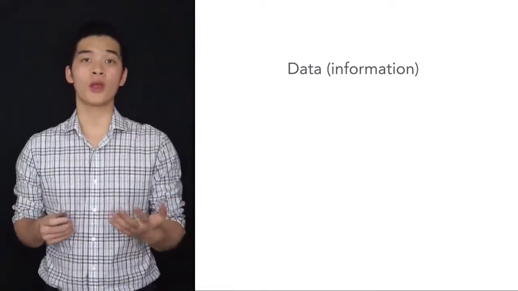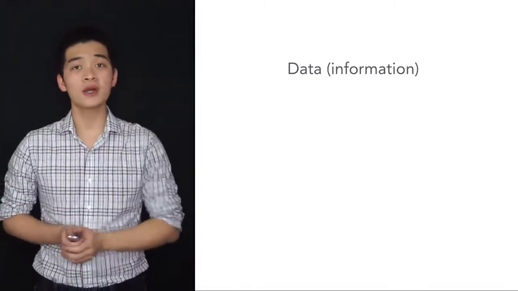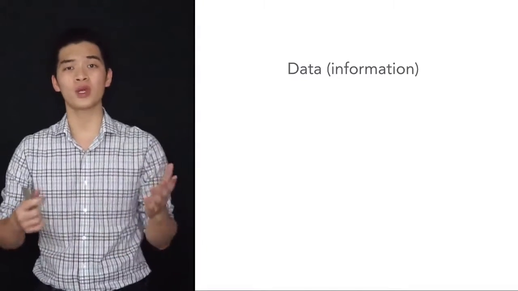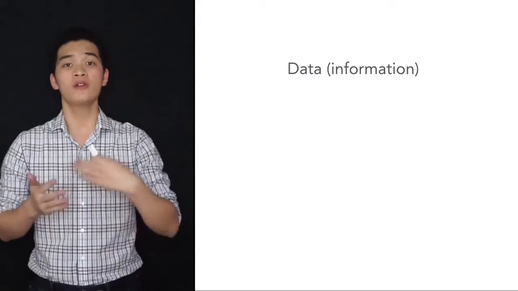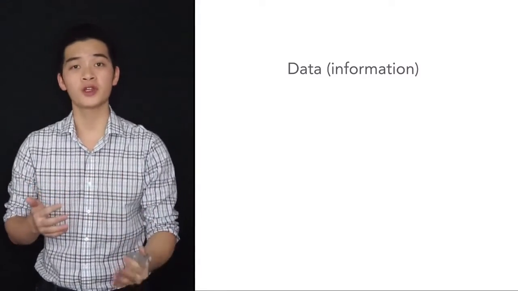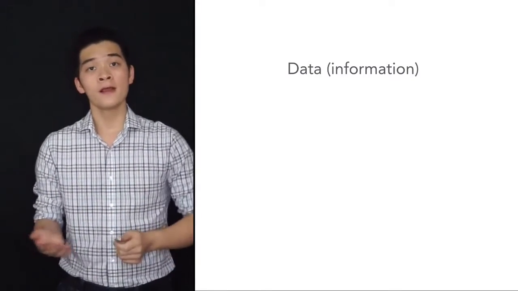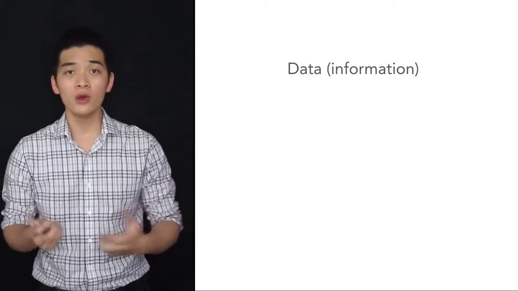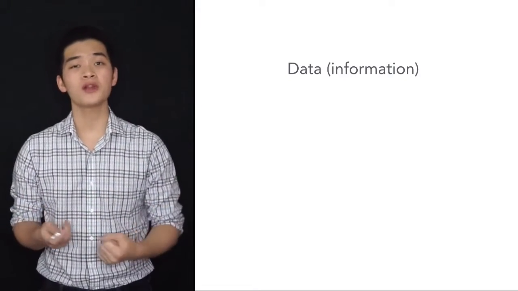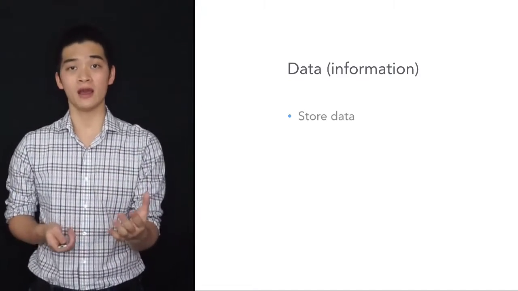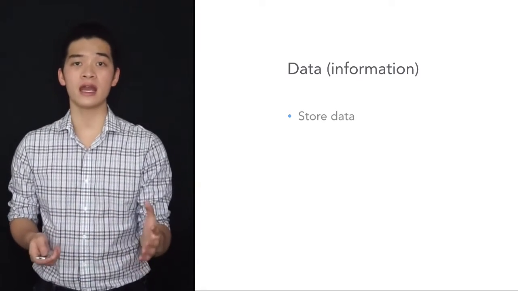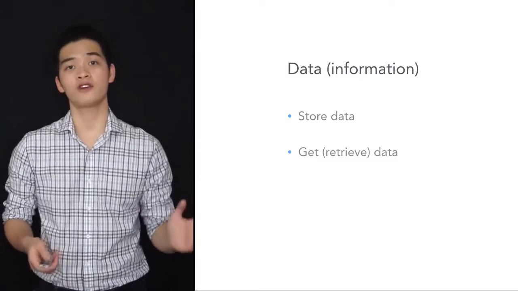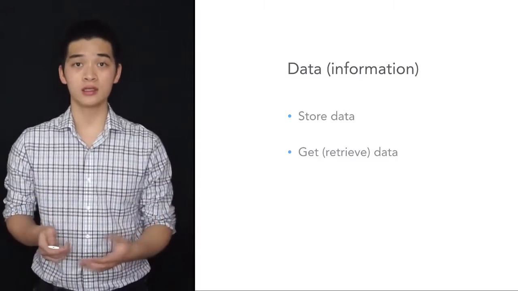Oftentimes when we are programming, we have to deal with data, or in other words, information. But as a developer, I would like you to refer to information as data, right? So when we have the data, we want to do something with that. We want to store the data, or retrieve the data, get the data from maybe the internet, or maybe from some file, right?